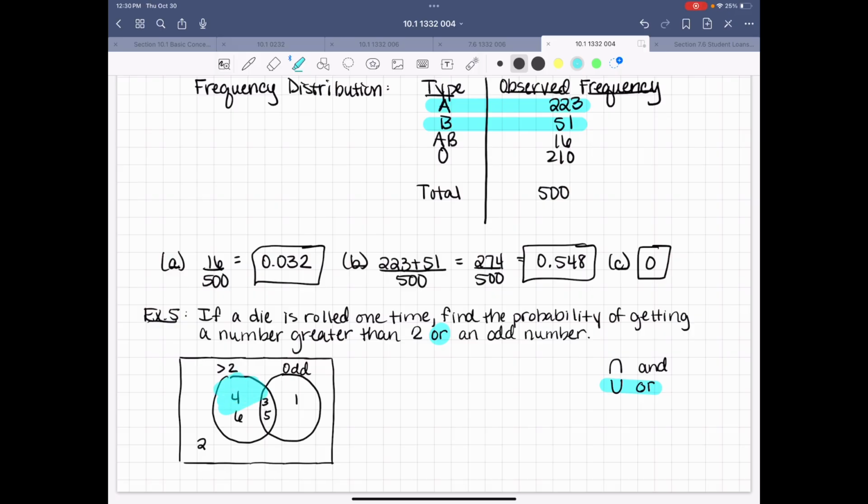So that meant all of these, everybody in greater than 2 and odd. So pretty much it's everybody but 2. So when we find the probability of greater than 2 or odd, I know there's a possibility of 6 in my sample space because I can roll a 1, 2, 3, 4, 5, or 6. And then who's in the blue? 1, 2, 3, 4, 5. So my probability is 5 out of 6.